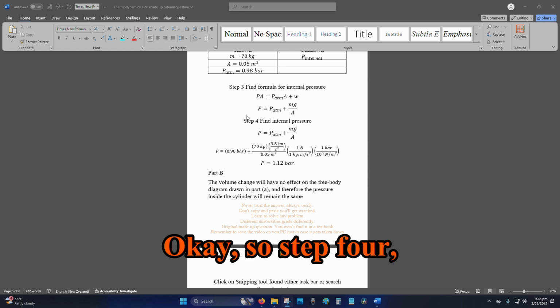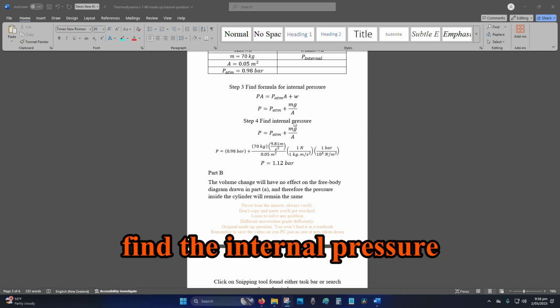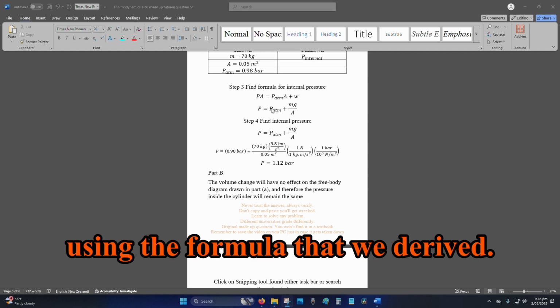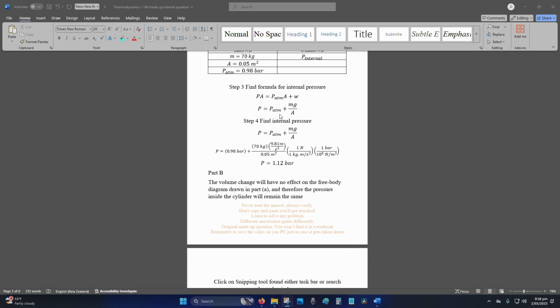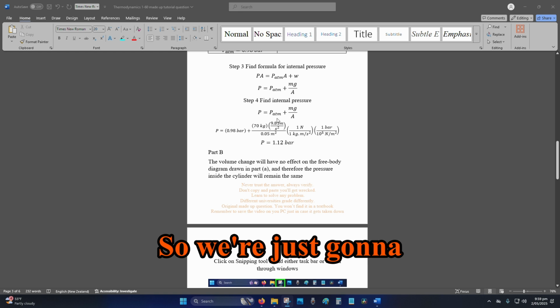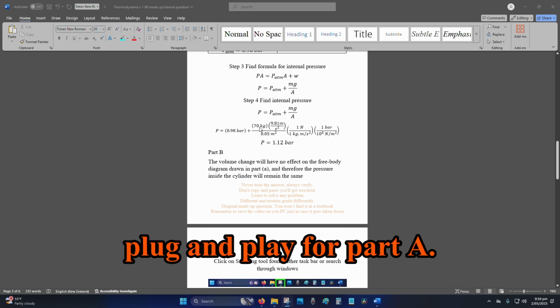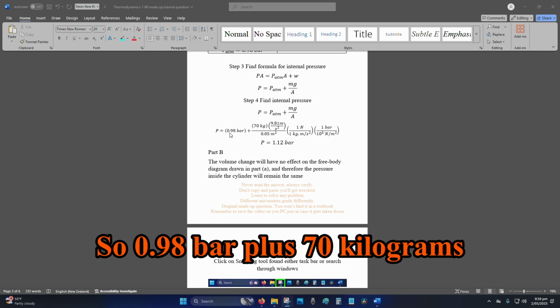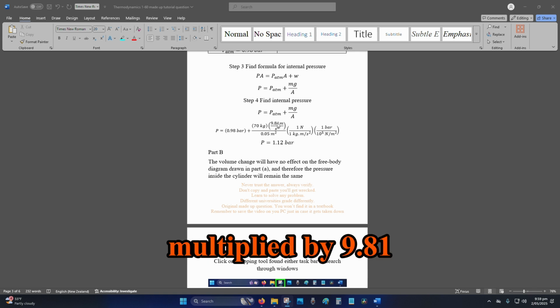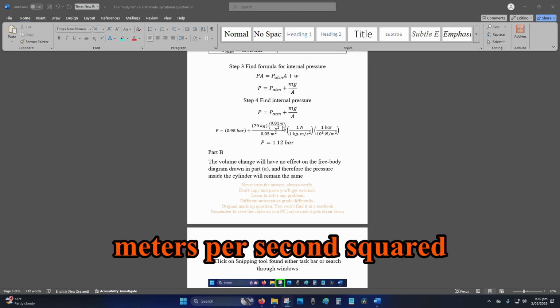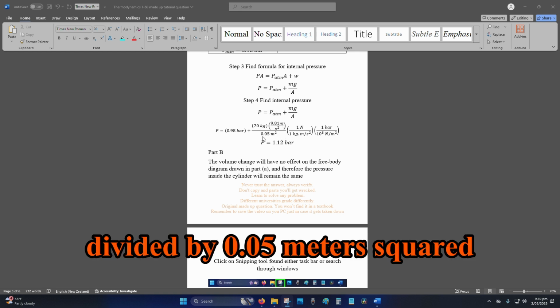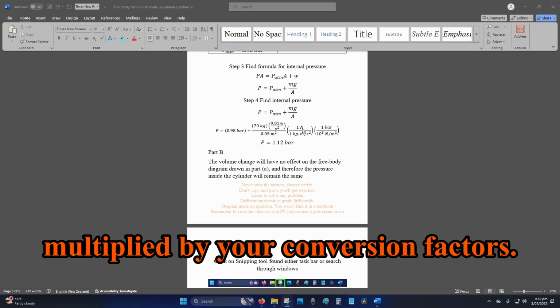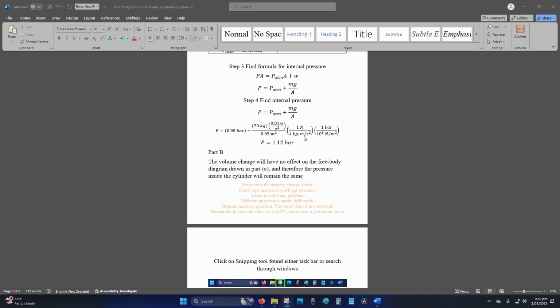Okay, so step 4, find the internal pressure using the formula that we derived. We're just going to plug and play for part A. So 0.98 bar plus 70 kilograms multiplied by 9.81 meters per second squared, divided by 0.05 meters squared, multiplied by your conversion factors.